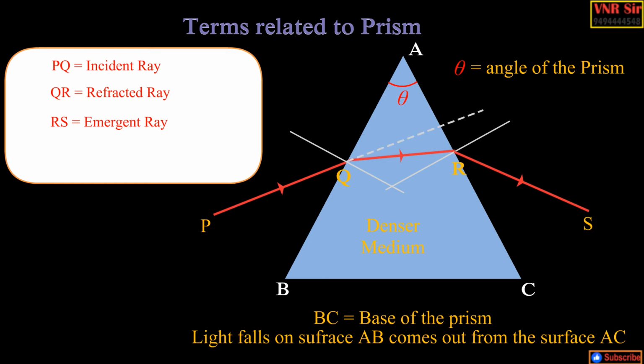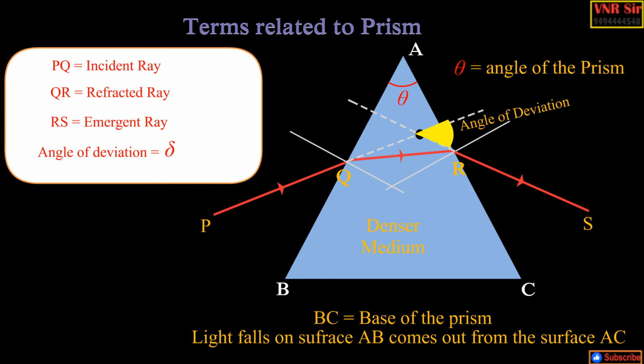When you extend the incident ray and the emergent ray, they meet at a point. The angle between these two light rays is called the angle of deviation produced by the prism, and it is denoted by delta.